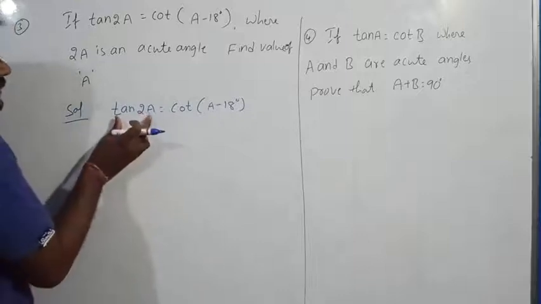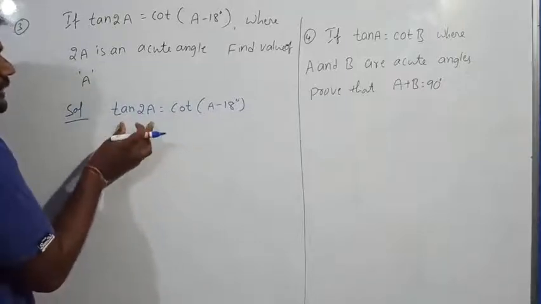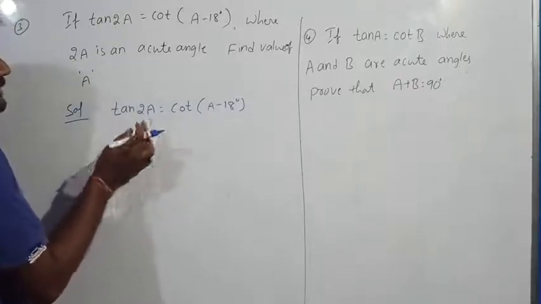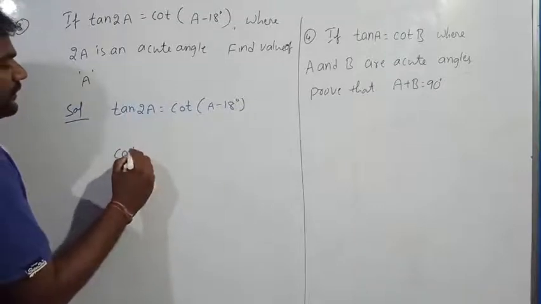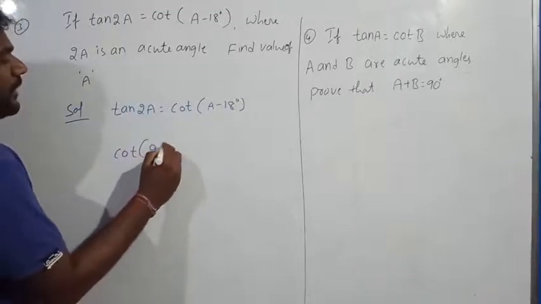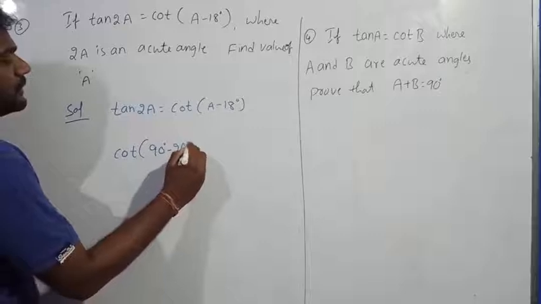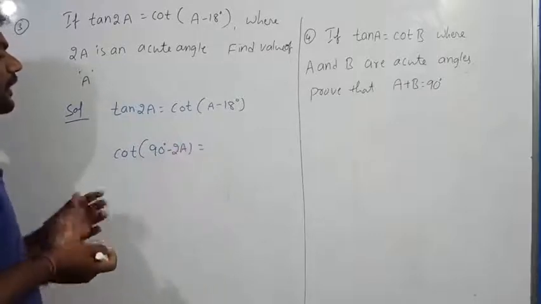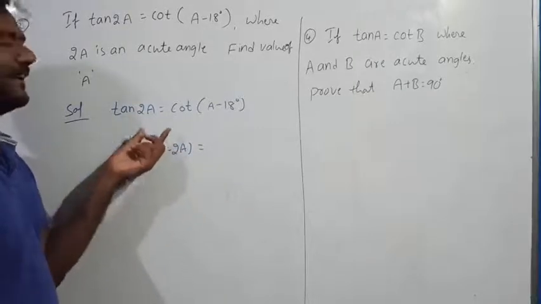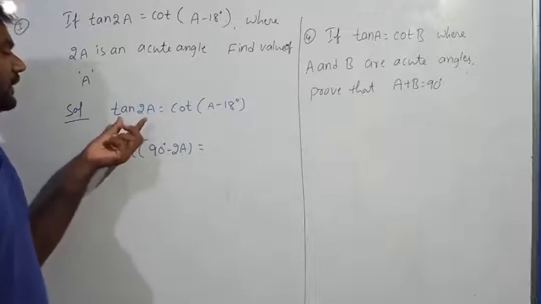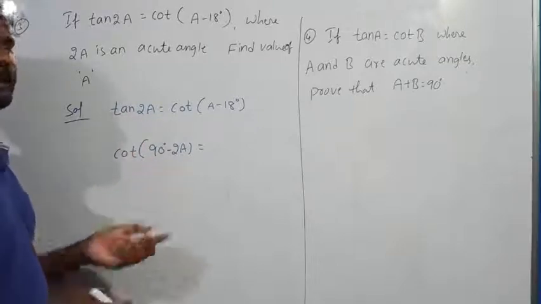So now this one changes to be in terms of cot. How to change that? See here, cot of (90 minus 2a). Already we know cot of (90 minus a) is what? Tan a. So that's why it can be changed to cot of (90 minus 2a).